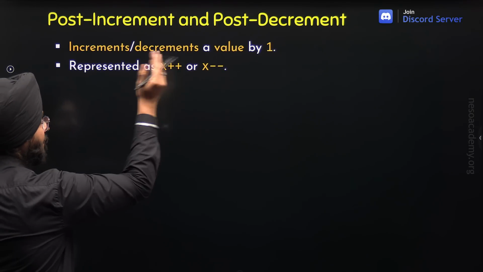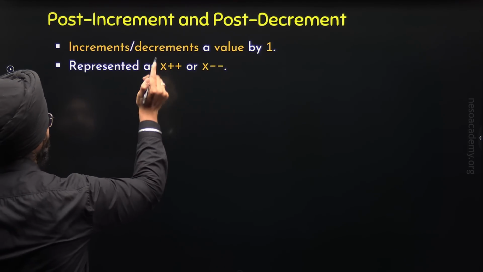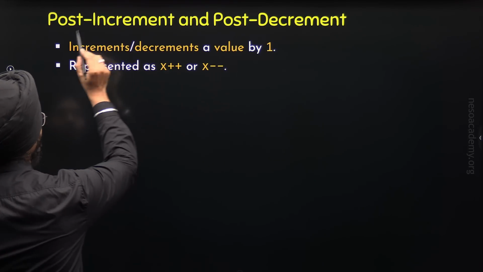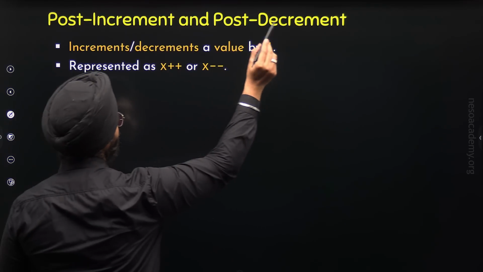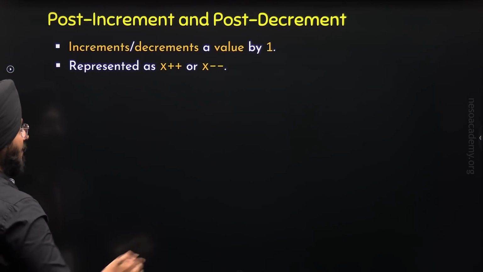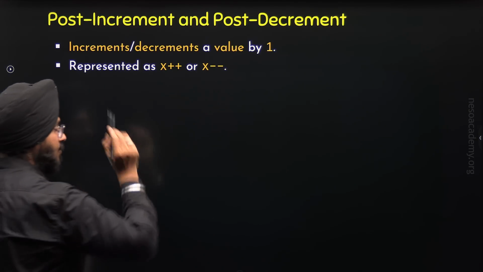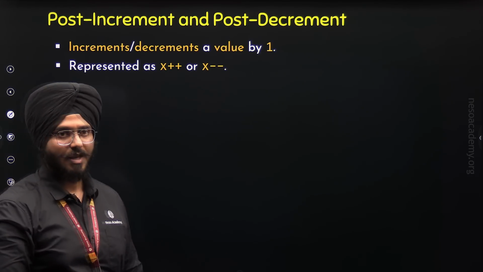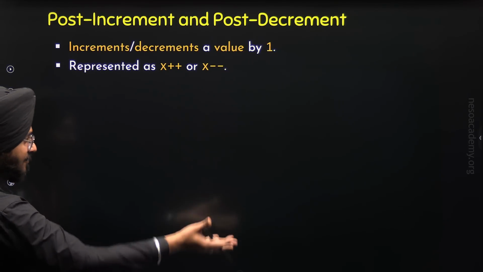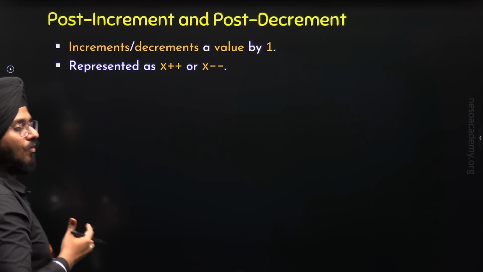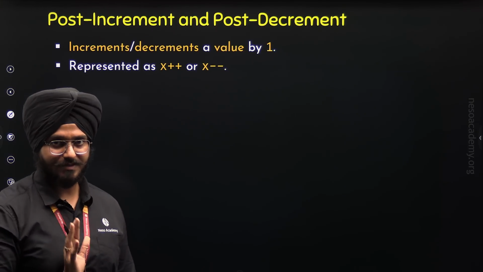They are placed after the operand, and that's why we call these operators post-increment and post-decrement operators. This is the post-increment operator and this is the post-decrement operator. The word post means after, pre means before. I hope this makes sense.